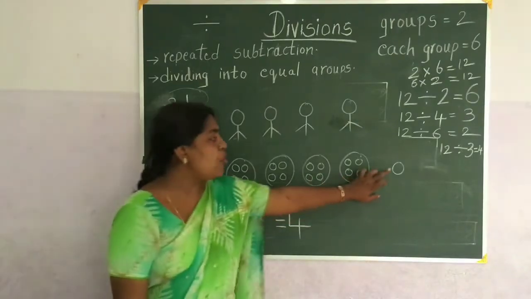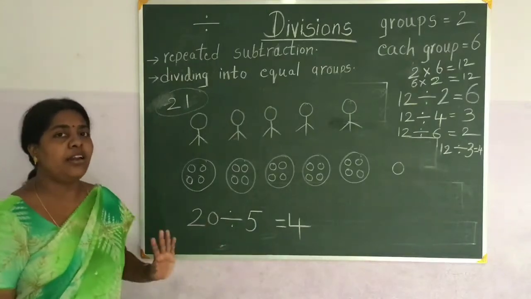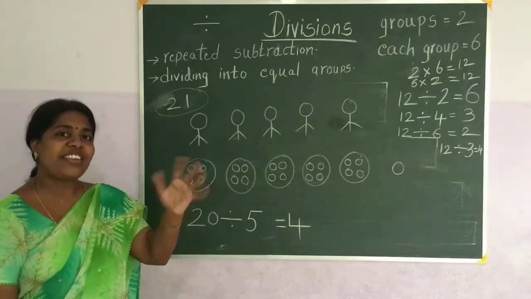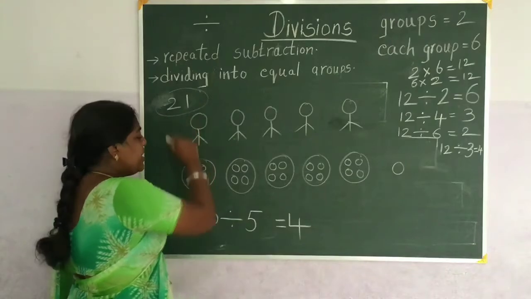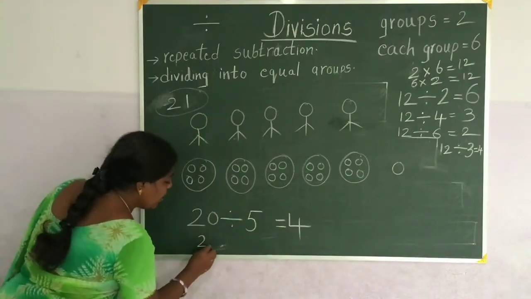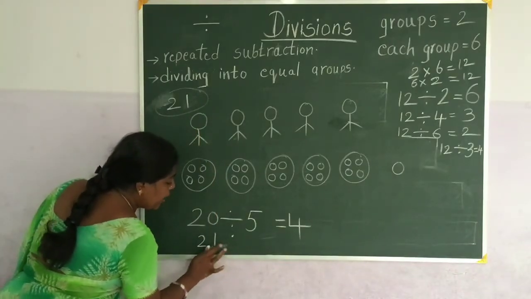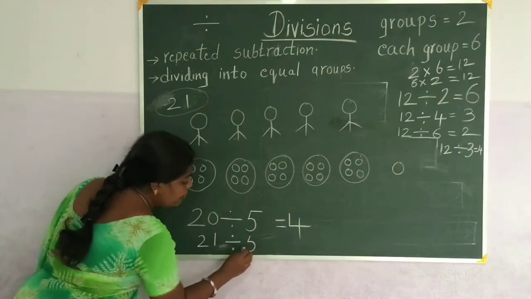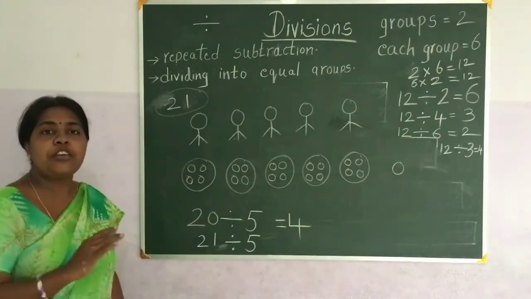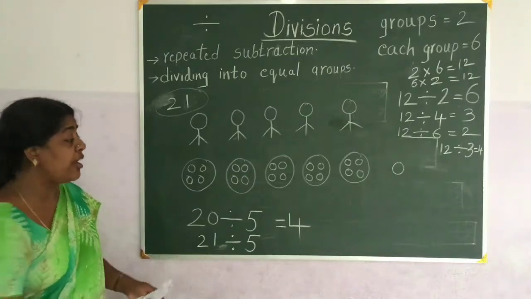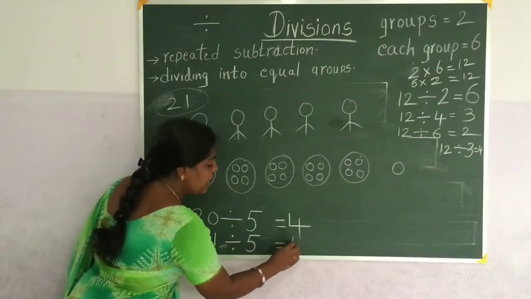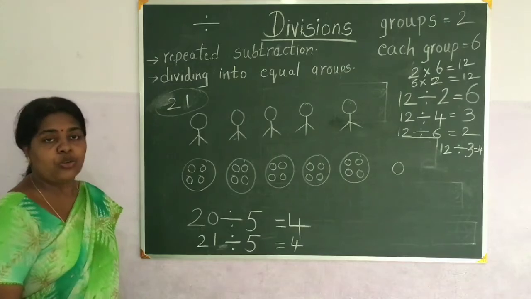So I am not dividing that laddu. So I kept that laddu aside. So if 21 laddus are divided among 5 children, each child will get 4 laddus.